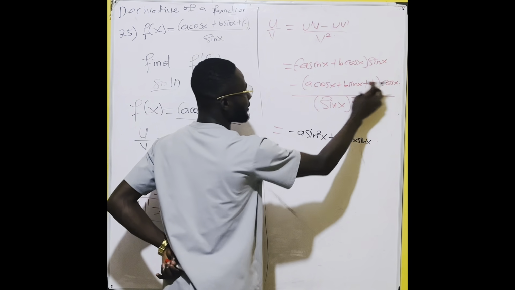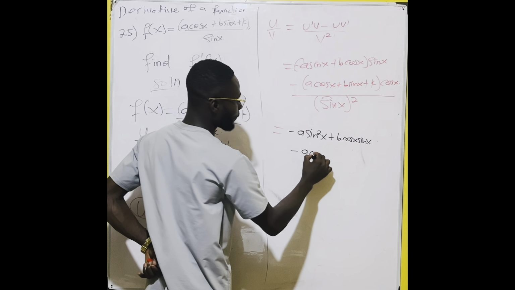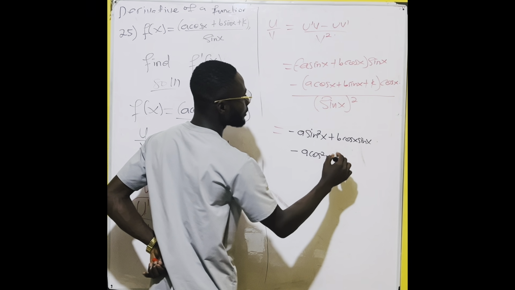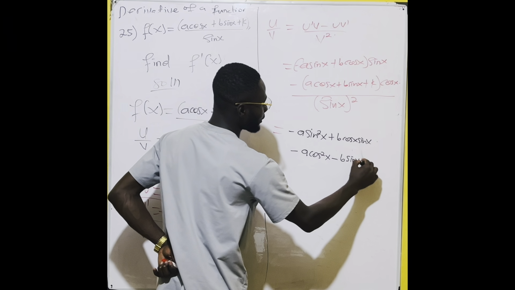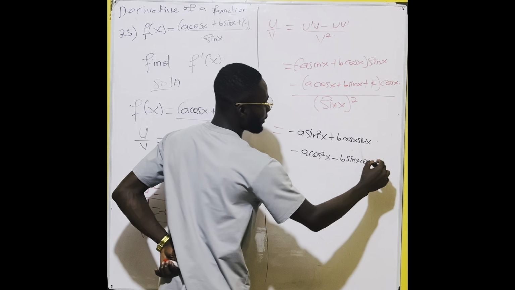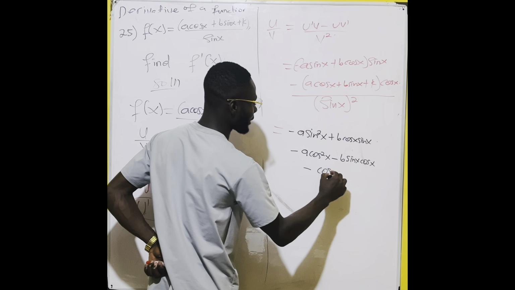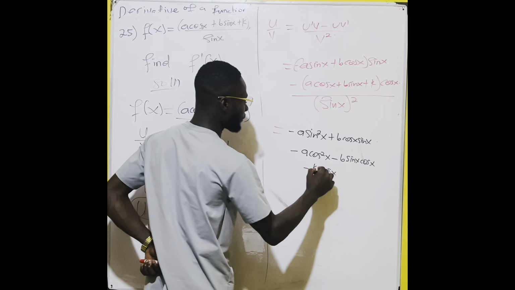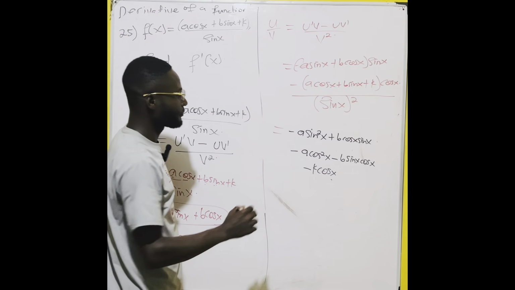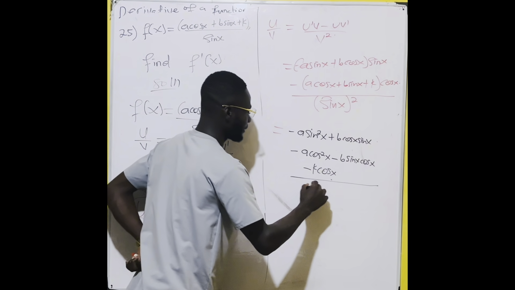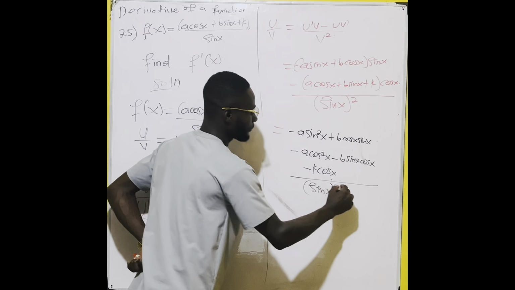Then we expand this as well: it becomes negative a cos squared x, negative b sine x cos x, minus k cos x. That is what we have, all divided by sine x all squared, right?